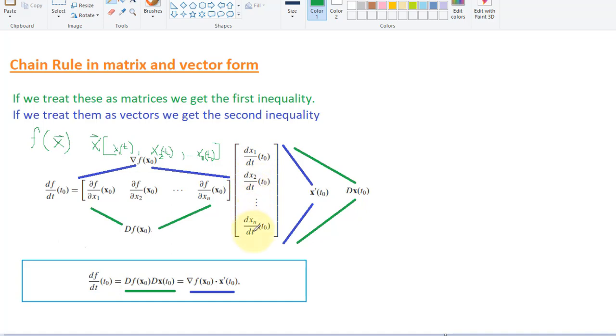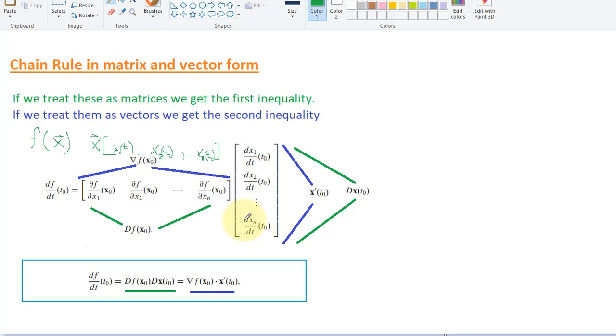And we saw that if we did the matrix multiplication of this and this, we would get this times this, this times this, this times this, and so on. And that was exactly what we wanted. That gave us the chain rule.